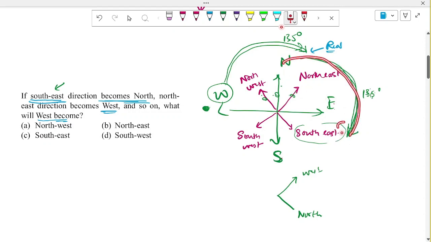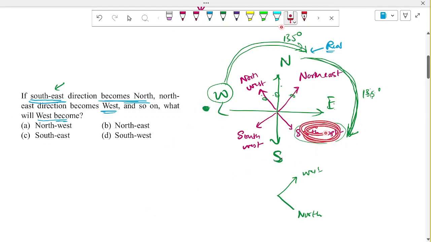One, two, three places. And this west has gone here, in the northeast place. One, two, three places. So it is shifting three places. All of them are shifting three places. After shifting three places, each and every direction, which one will come here?